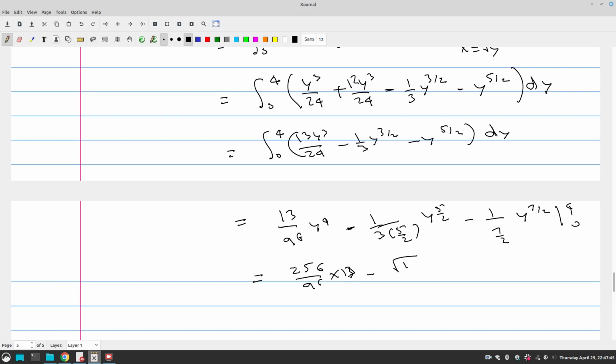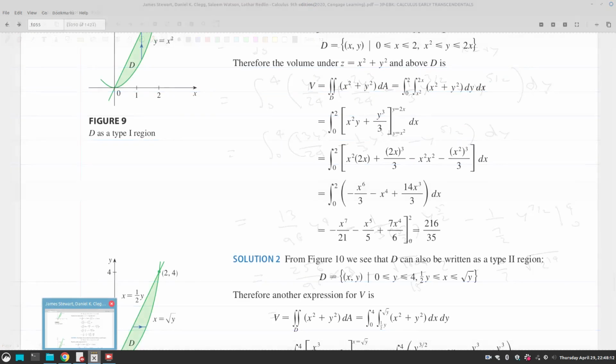Square root of 1024. We don't expect this to be this big. Right, 15, 2, and then you have 2 by 7 times the square root of 4096, actually square root of 4 to the 7, or 2 to the 14. Right, this is how you would get the integration, right?